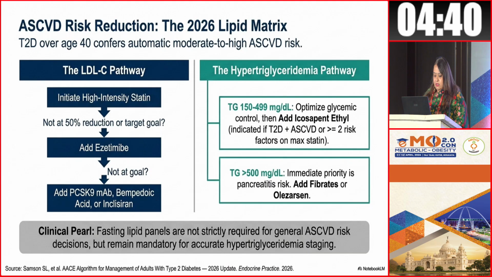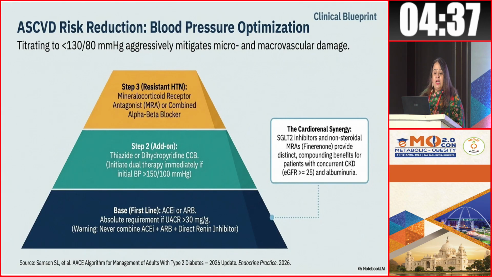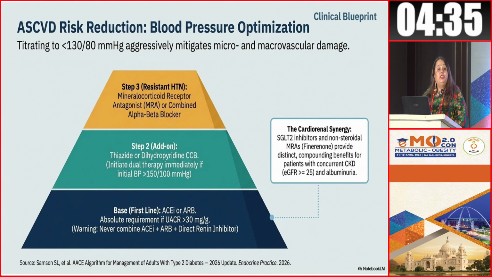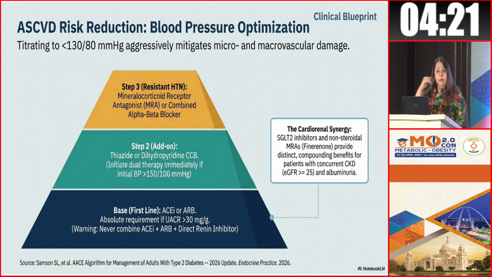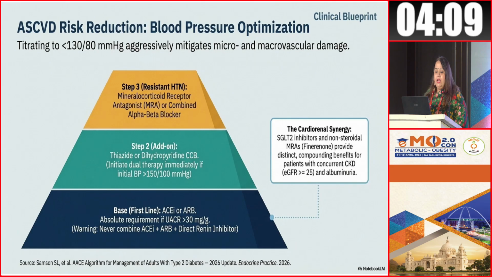Next, now for the blood pressure optimization in reducing the ASCVD risk, this is how the ACE algorithm had always started. At first it was a simple glucocentric algorithm, and then 2013 onwards it was looking at comorbidities in terms of hypertension, dyslipidemia, and also weight. And then a few years down the line, they said no, complications. But now it's clear ASCVD risk reduction includes hypertension, blood pressure optimization.